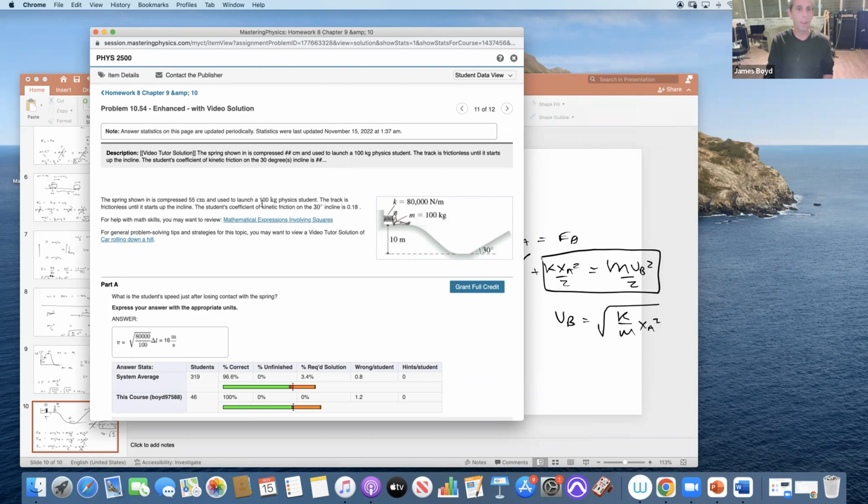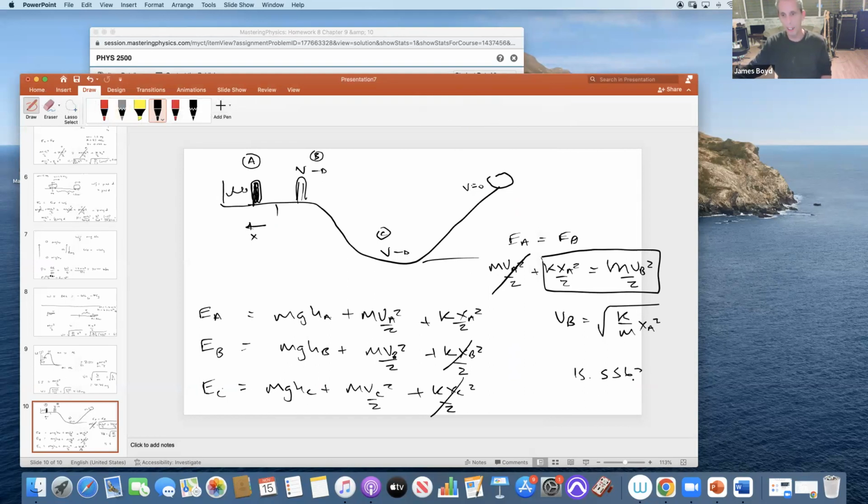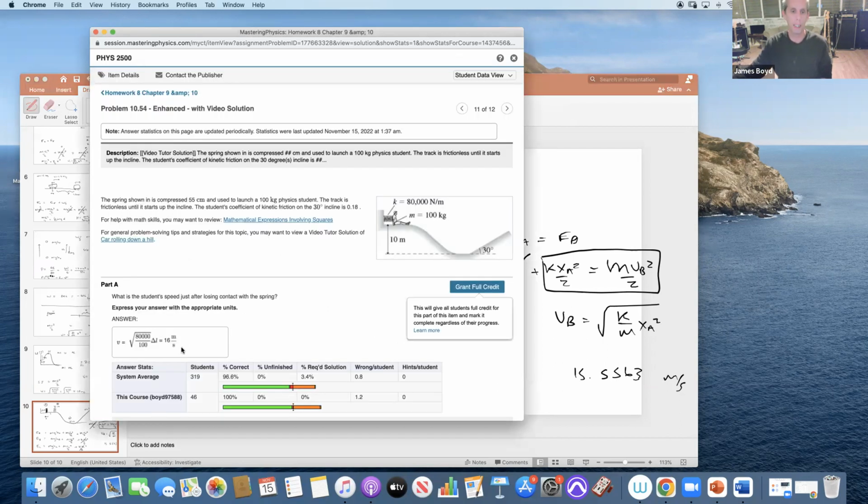And then we're going to multiply that by how much we compressed in meters, 0.55. And we're going to square that. And then take the square root of the entire thing, and I get 15.6. I actually get 15.5563. We're going to keep that for a second, but our answer is 16 when we round it.